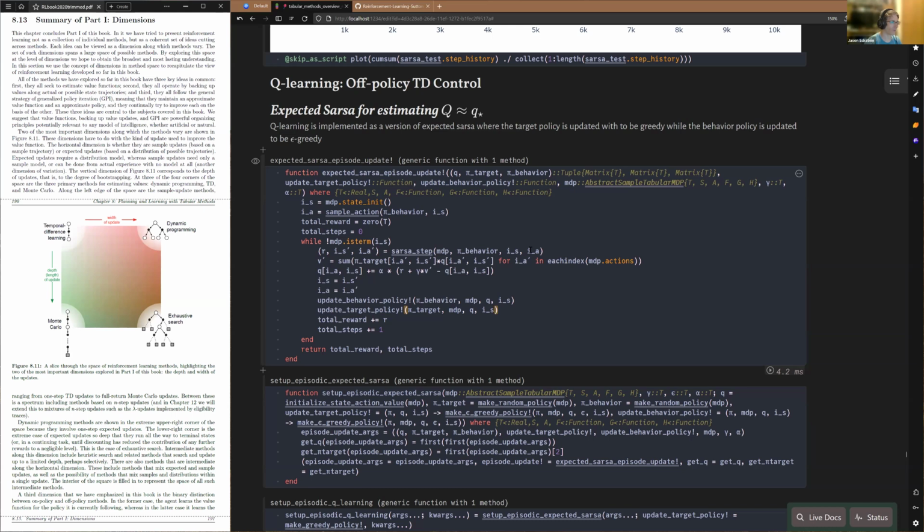And in that way, this is a way to do off-policy learning without actually needing importance sampling. We don't need the importance sampling because the form of the update we're using doesn't actually care about what the behavior policy is.